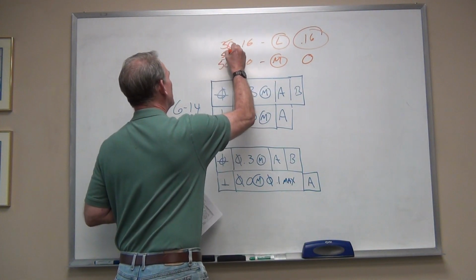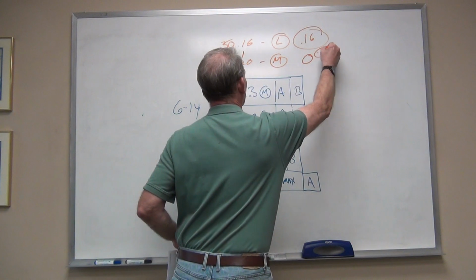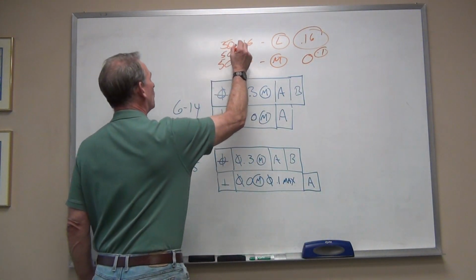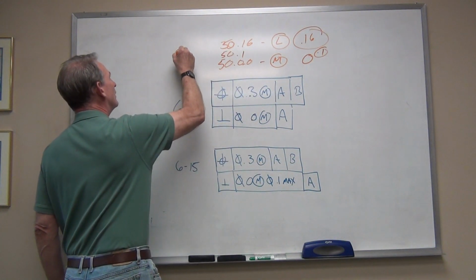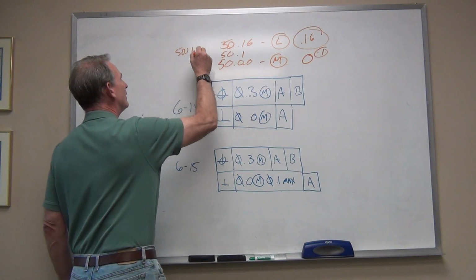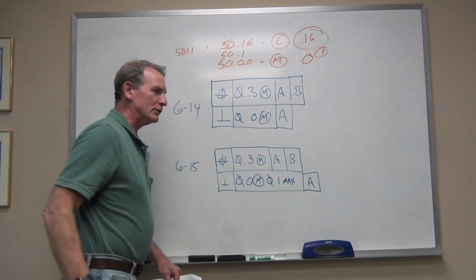At 50.1 you can have 0.1 tolerance, but after that, after 50.1, so 50.11, you still get 0.1 all the way up to 50.16.